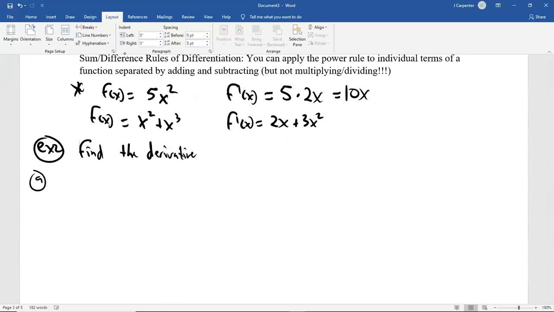I'm not even saying find f prime. I'm not saying find df dx. You can write it whichever way you want. And I also might use different letters here and there. So for our first function, we'll do f of x equals x squared minus 5x plus 12.